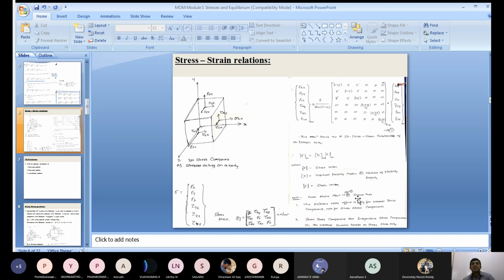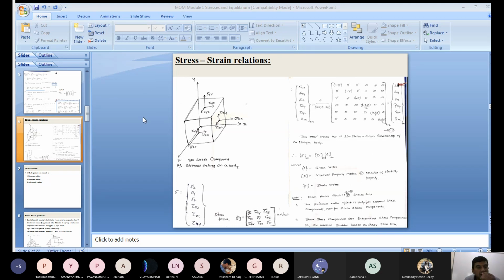Then we go to the stress-strain relationship. As you know, at a particular point on a three-dimensional element, a cube, how many stresses are acting? Total 18 stresses are acting.